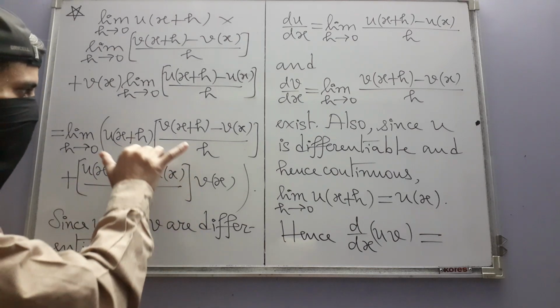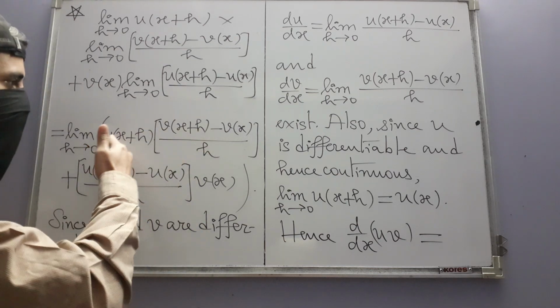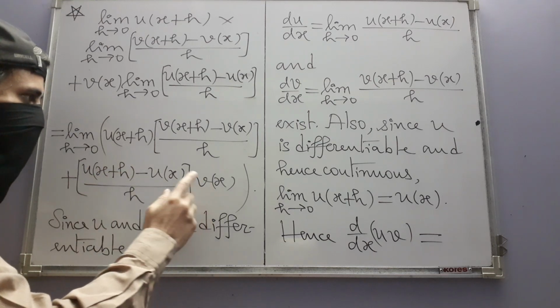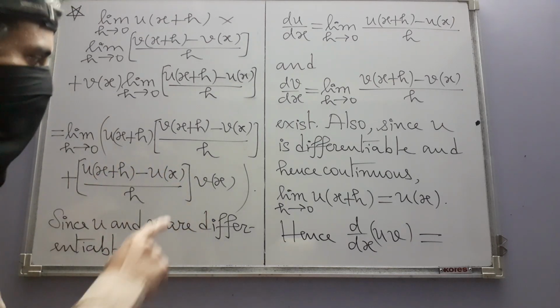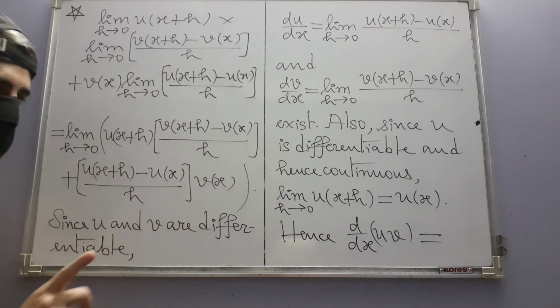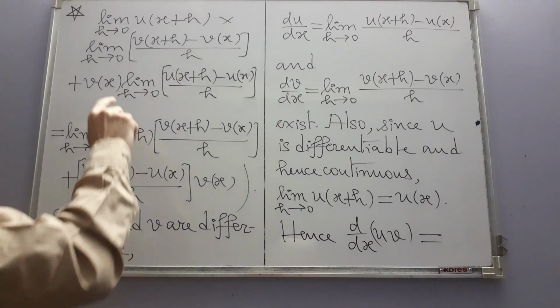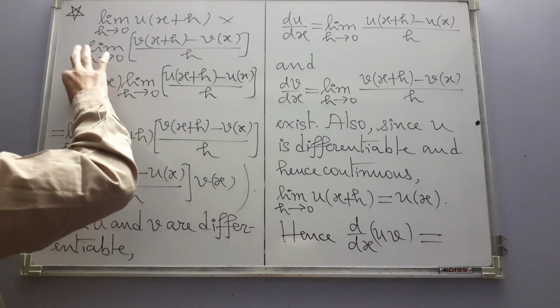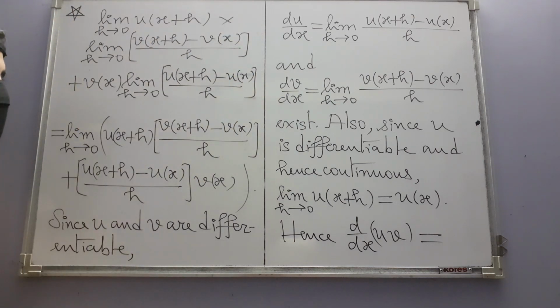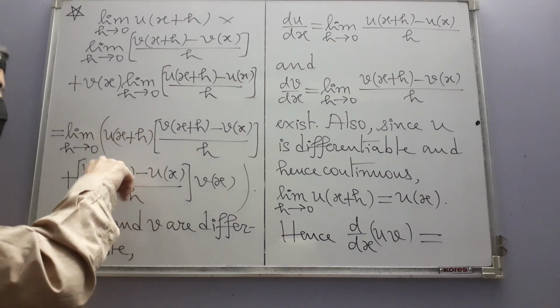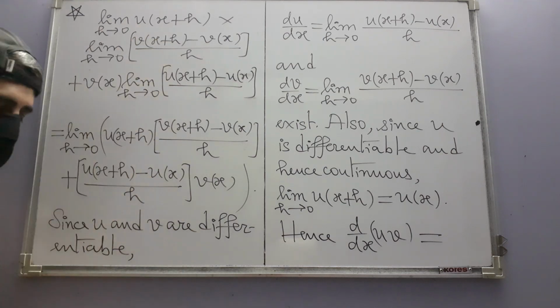And because this product and this product both have limits, their sum also has a limit and is equal to the sum of the limits. And that is why this is equal to this.